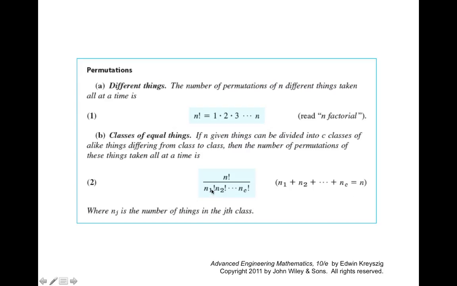And the subscript j will be the number of things in the jth class. So basically, this denominator is inclusive of all possible classes. So if a third of people are under 5'9" and a third are over 5'9" and under 6'4", and a third are over 6'4", then that would be 3 classes.